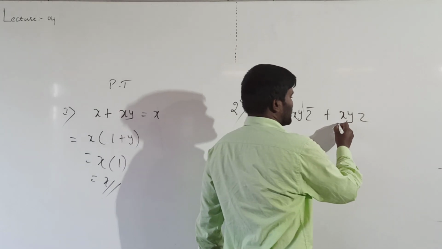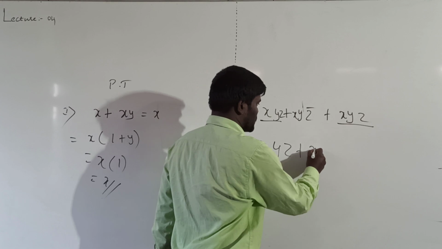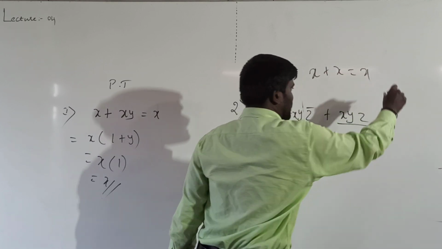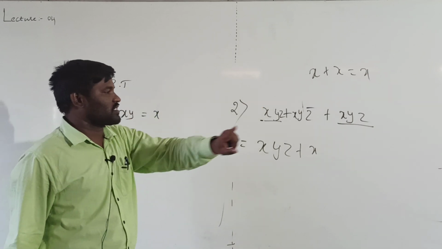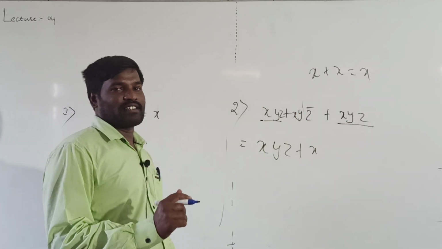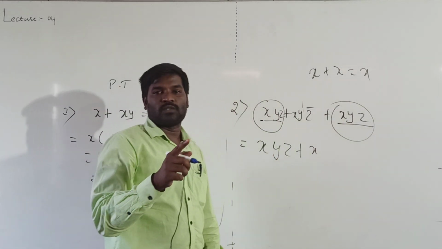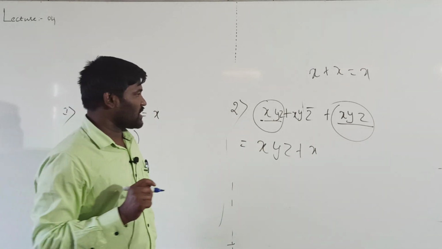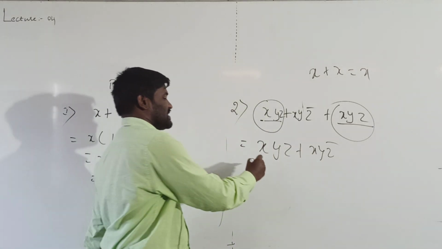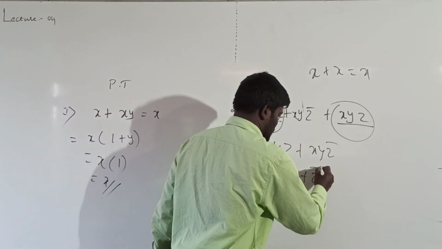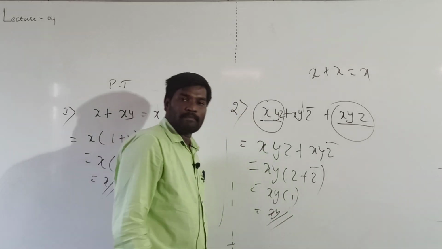Here xyz is there twice, so you write it only one time, because x plus x is equal to x only. Then xyz bar remains. Here xy is common, and finally z plus z bar is 1. So xy is the final answer.